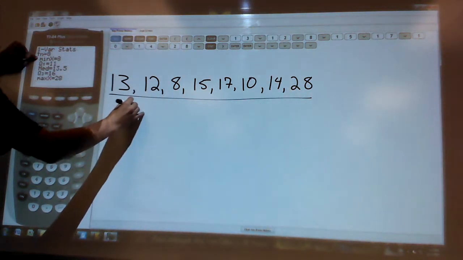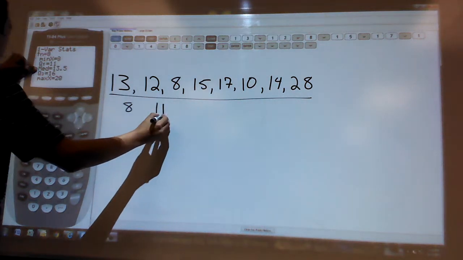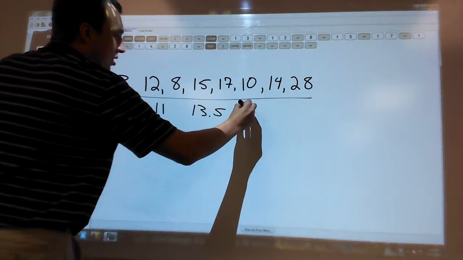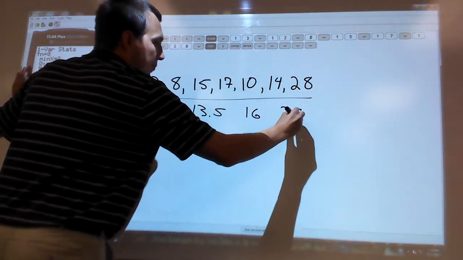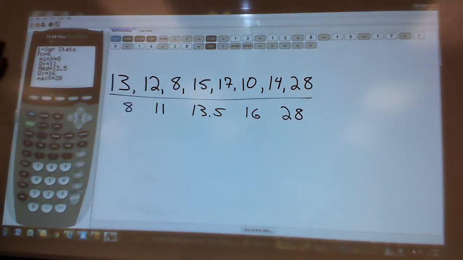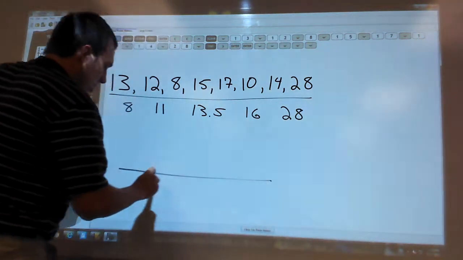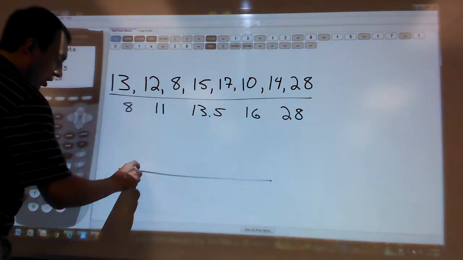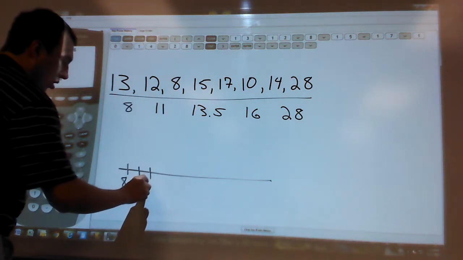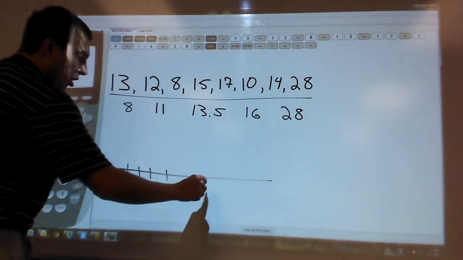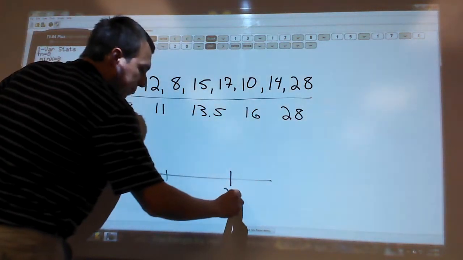8, 11, 13.5, 16, and 28. So if I'm asked to make a sketch, I probably should write some things down here. This is 8, 11's pretty close, 13 and a half is pretty close, 16 is really close, and 28's over here.